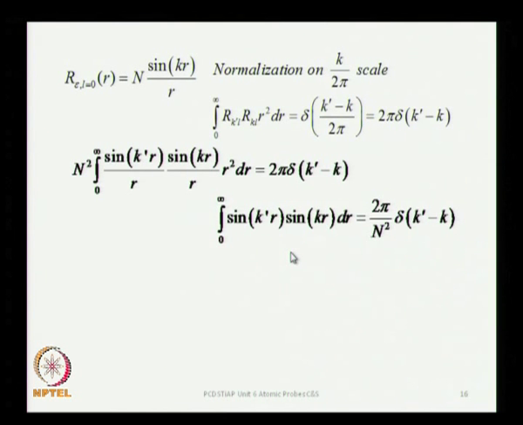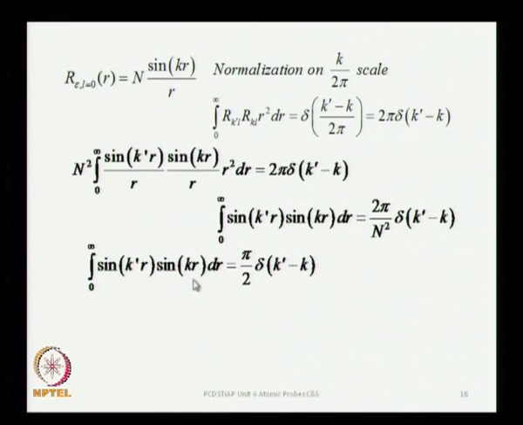Now you can carry out this integration explicitly, and this integration, sine k prime r sine kr dr, the explicit mathematical integration of this will of course give you the delta function times pi by 2, which means that this 2 pi over N squared must be equal to pi over 2, and that tells you what the normalization constant is.